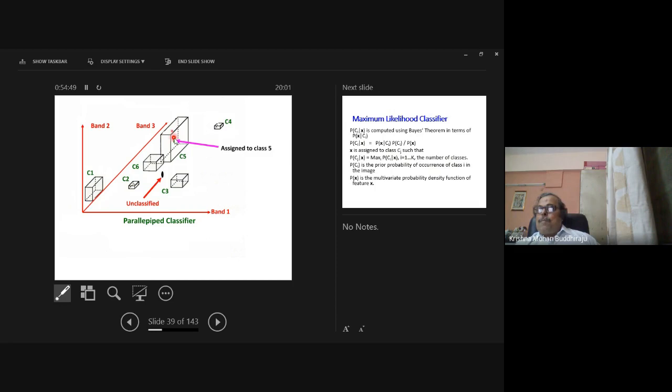Like here, for example, this particular one belongs to class 5. It is within the bounds of class 5. Whereas here you have a sample which does not fall in any of them, so it is left unclassified.